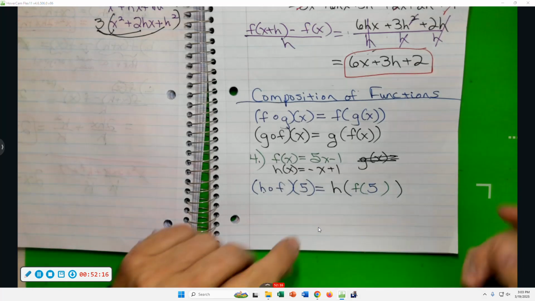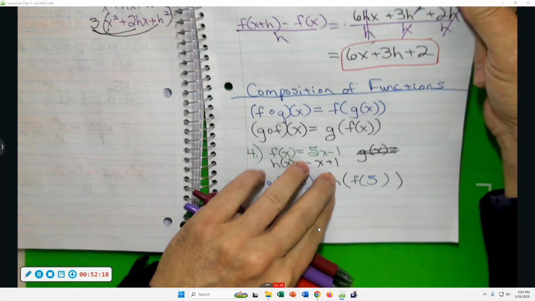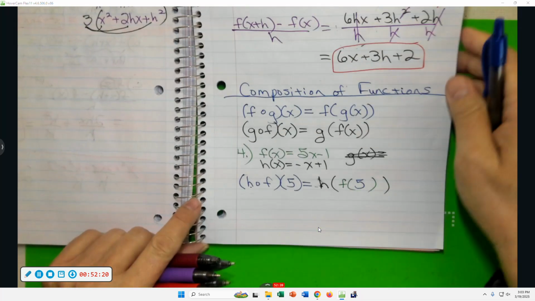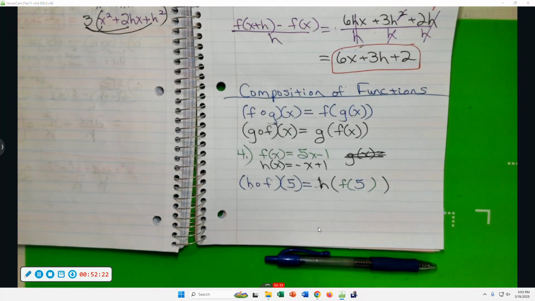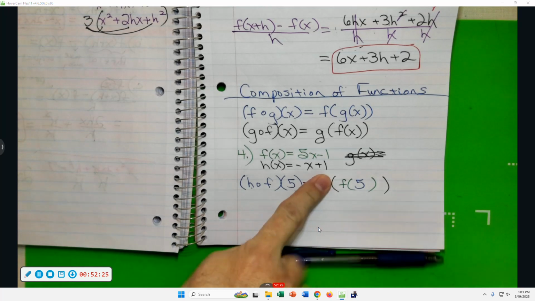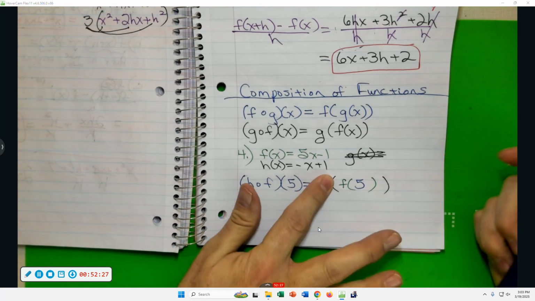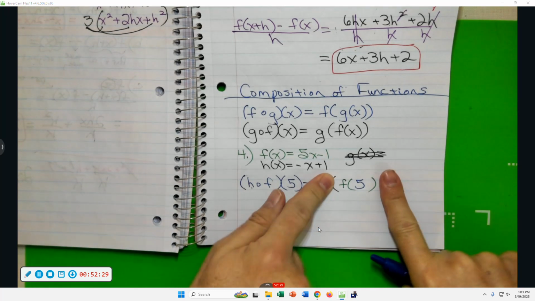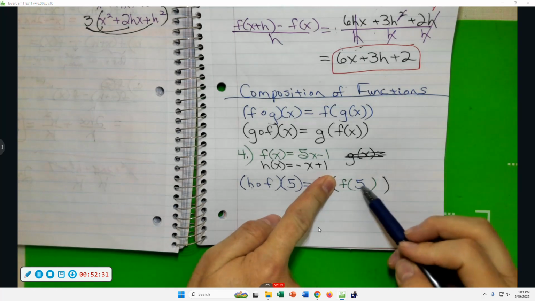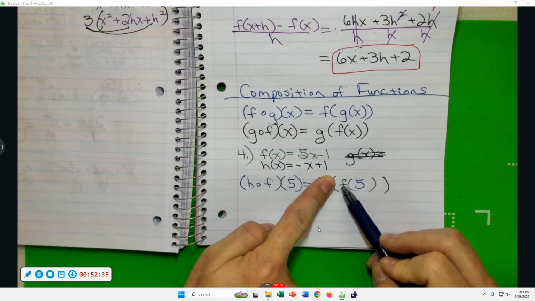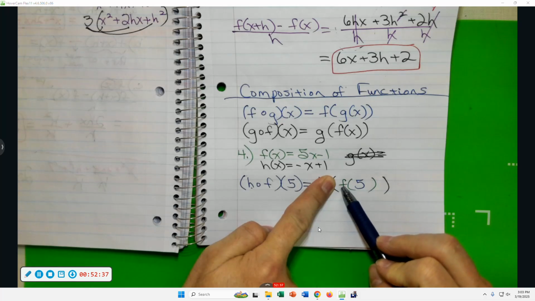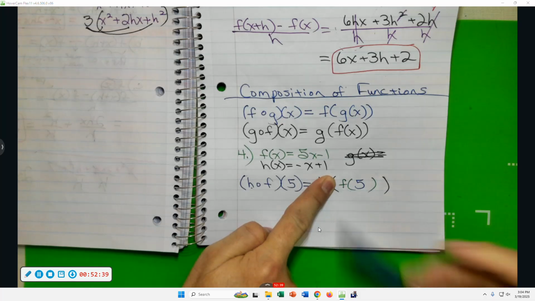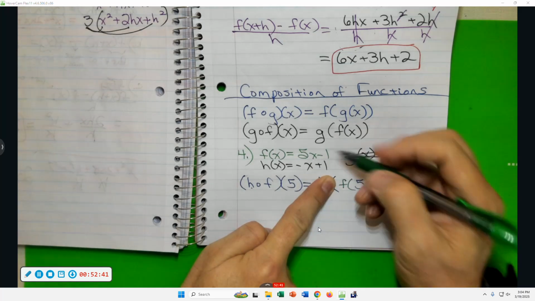Look at this notation. You don't need to do anything other than just cover up. f of 5 says go to f, wherever you see a variable, plug in 5.